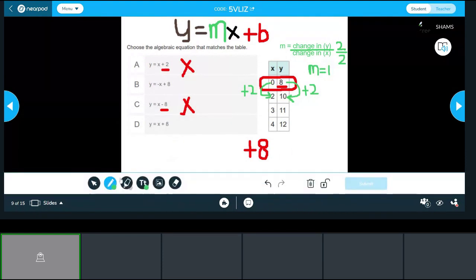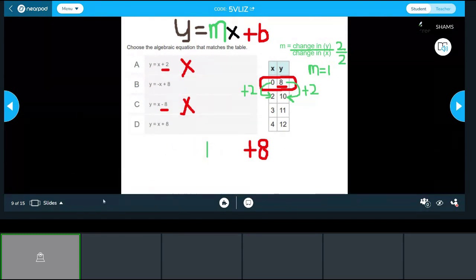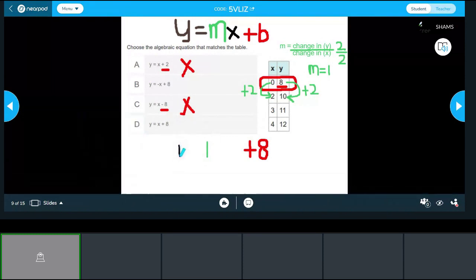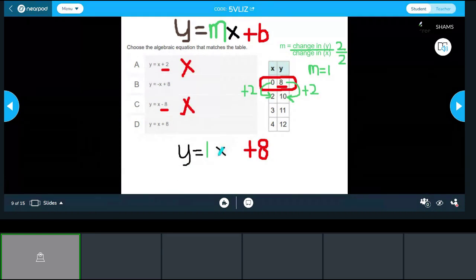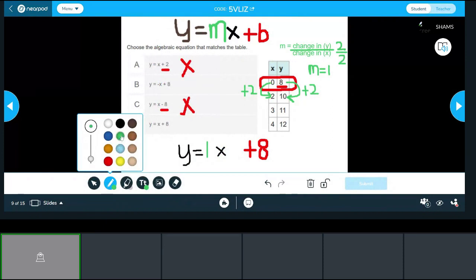I will go ahead and write down the equation. Okay, m is 1, so I'm going to put 1, and we'll also complete the equation. The equation starts with y equals 1x plus 8. So let's look here. How much is m?